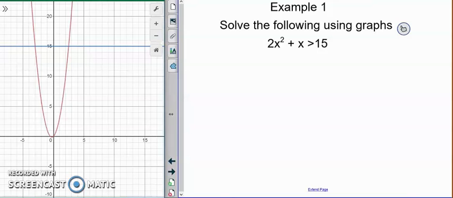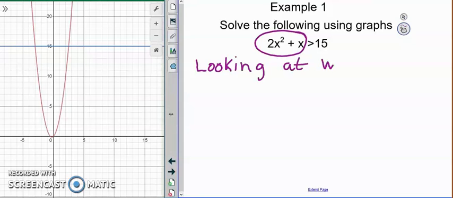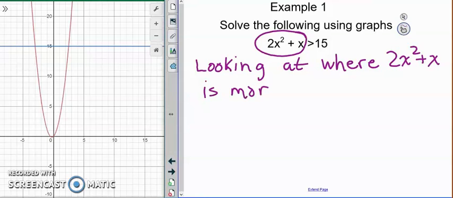All right, so we are looking at this inequality. It says 2x squared plus x is greater than 15. When we're looking at this function, we're looking at where 2x squared plus x is greater than 15.